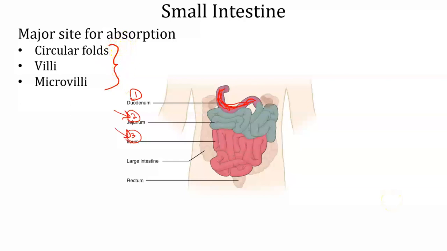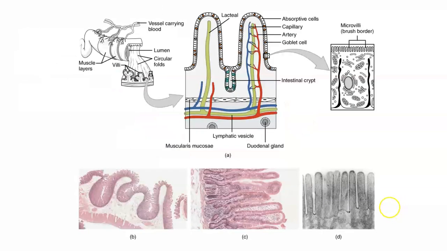There's a statistic out there that the total surface area of the intestine, if you unfurled it, would be about 250 square meters, which is about the size of a tennis court. In contrast, if the small intestine were just a plain old tube, that surface area would only be maybe a couple square feet. So having all the folds, the villi, and the microvilli greatly enhances how much area there is for absorption to occur.